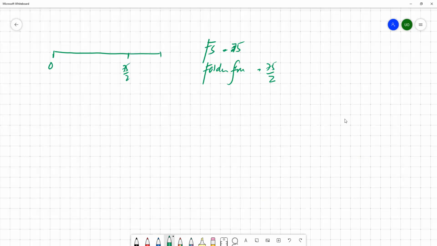This is 50, and this block is mapped to here. If you set the folding frequency to this level, the maximum frequency is 50 hertz, so this block is simply mapped on top of this.